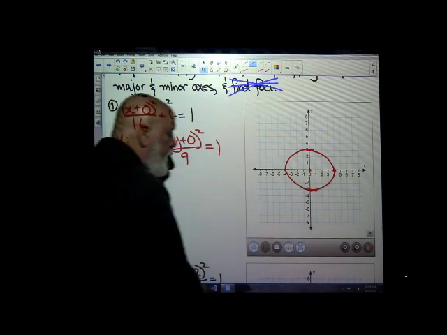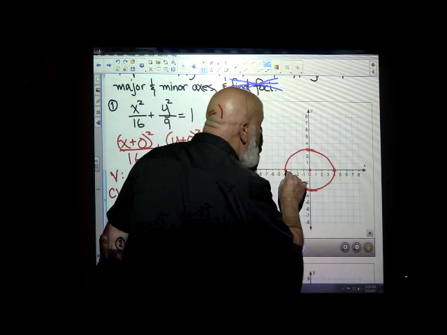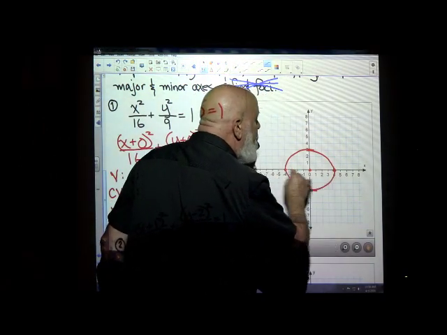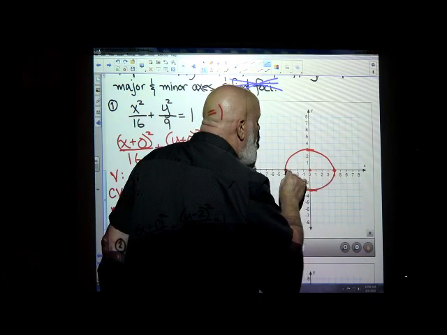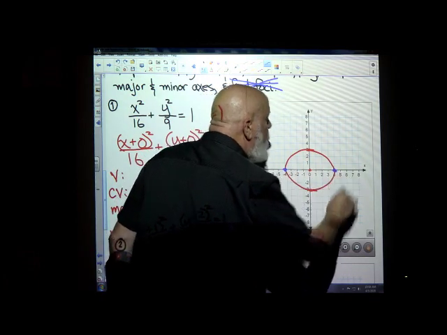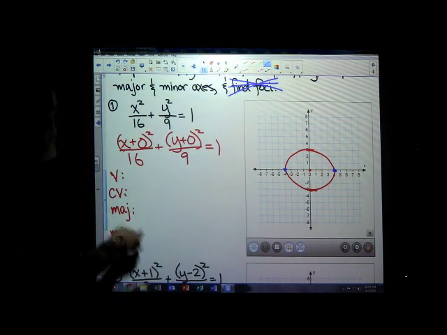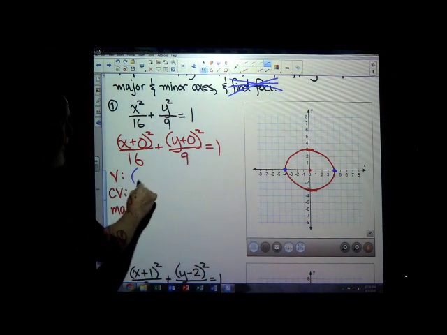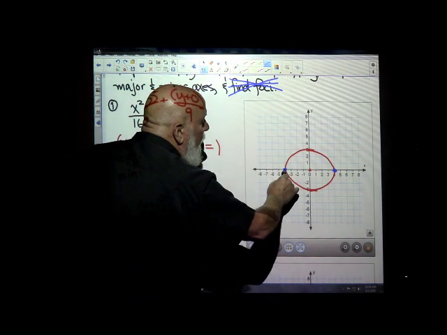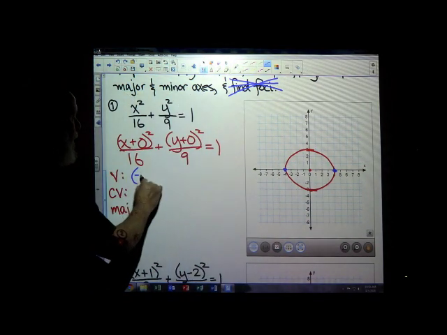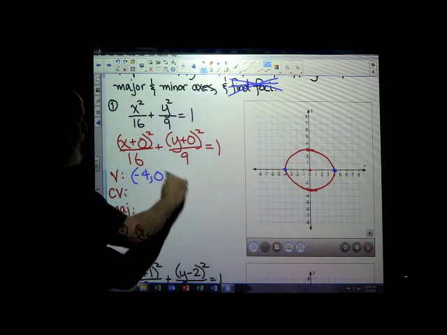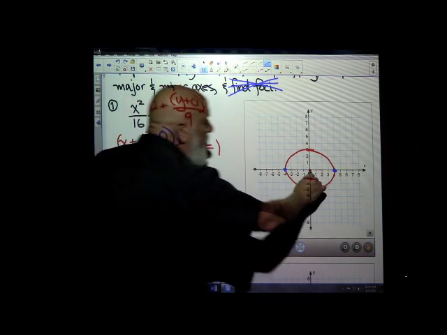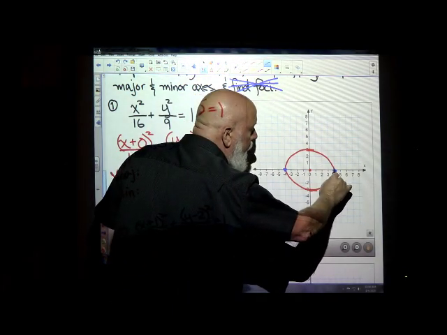The vertices are these points right here. They're always on the end of the line segment that cuts the ellipse in half the long way. So there's a vertex and there's a vertex. And when it asks us to find them, we want the coordinates of those points. So this will be over 4 up 0, so that's 4 to the left up 0. And 4 to the right up 0. From the center, 4 to the right up 0.